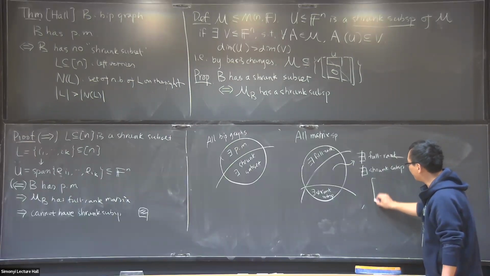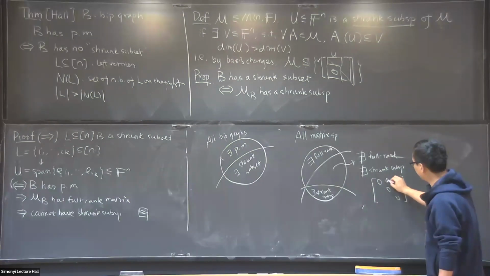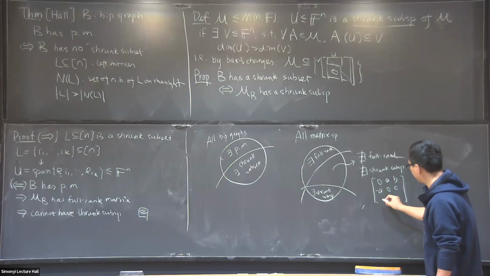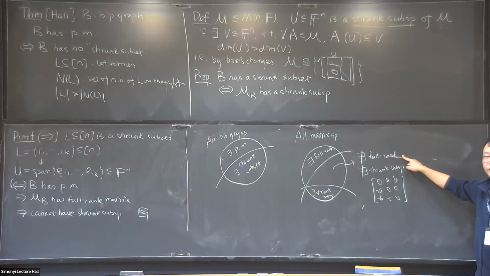And an example is actually not very hard to find. Just look at the skew symmetric 3 by 3 matrix space. Because it's odd size, it doesn't have a full rank matrix.